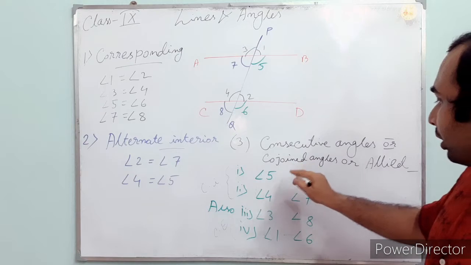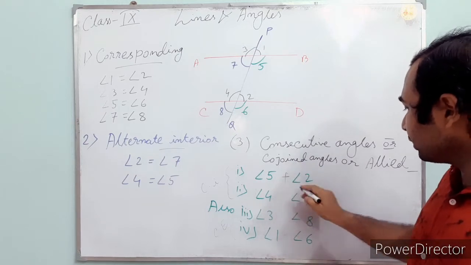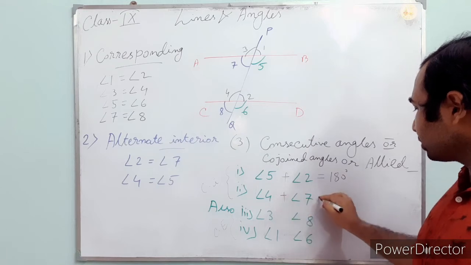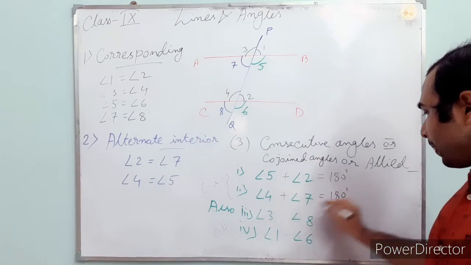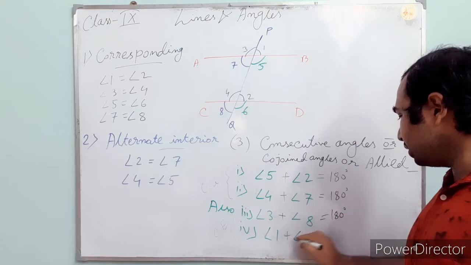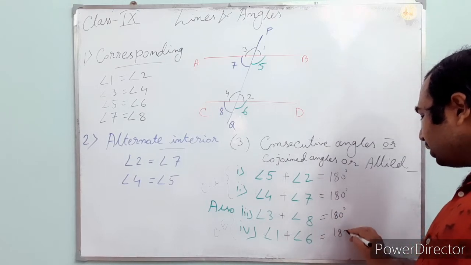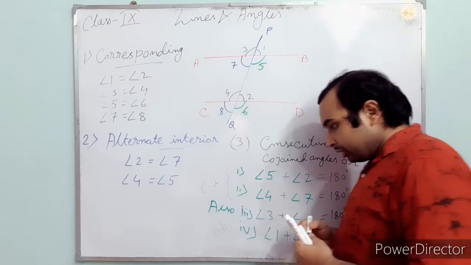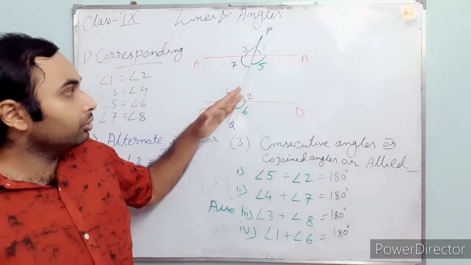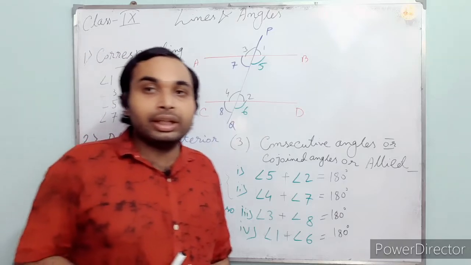But here this equals 180 degrees, this also equals 180 degrees, and here also those are 180 degrees. Actually, in 90% of cases, for consecutive angles we take the consecutive interior angles.